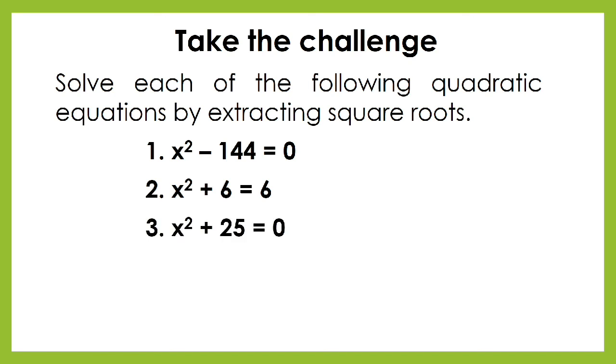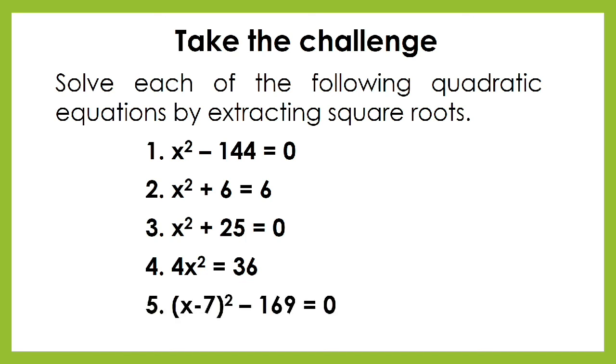Number 3, x squared plus 25 equals 0. Number 4, 4x squared equals 36. And number 5, the square of (x minus 7) minus 169 equals 0. Okay, good luck in taking the challenge.